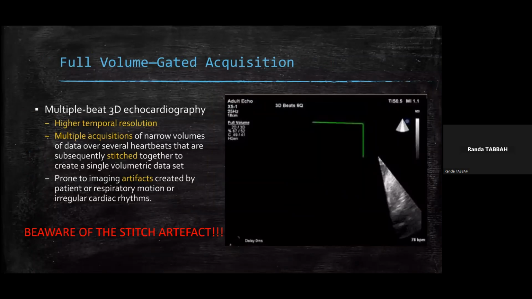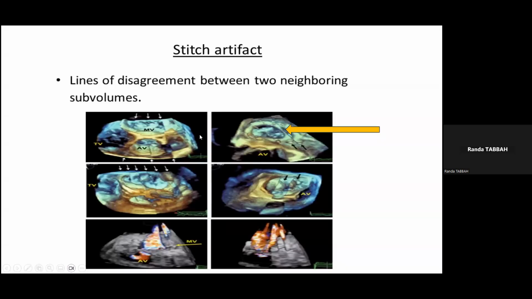We have a lot of artifacts, and these are called stitch or stitching artifacts. You can see here an example of the stitch artifact.